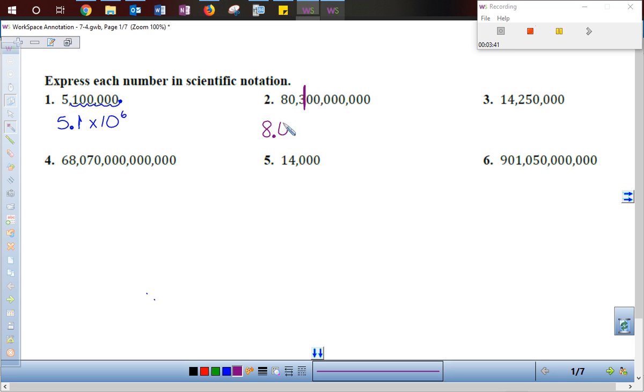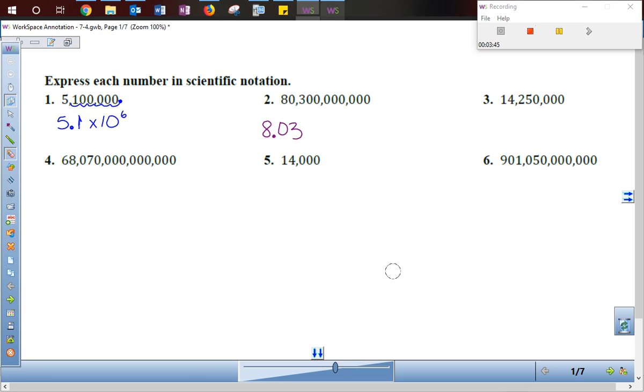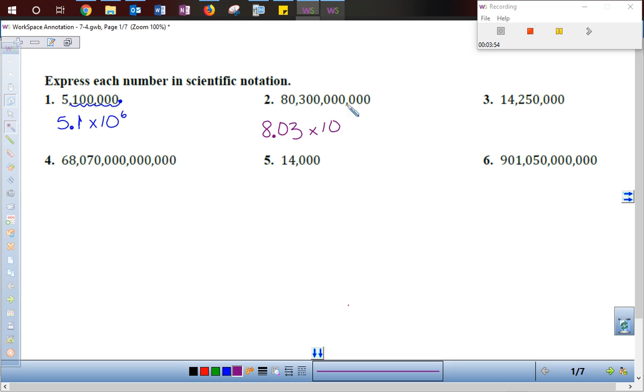So the 0, 3 needs to come after that decimal. Now I'm going to bring down my times 10, and I want to figure out what my exponent's going to be. Now instead of sitting here and counting every single little place that it moves, remember a comma happens every 3 places. So I can really start and say 3, 6, 9, and 1 more makes 10. So this is going to be 8.03 times 10 to the 10th power.